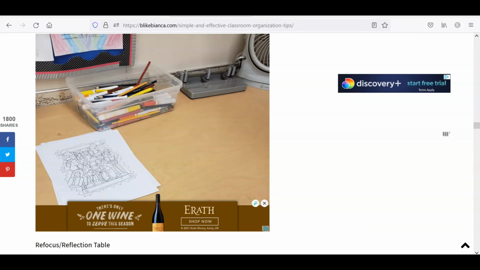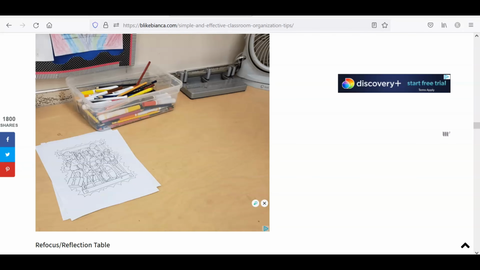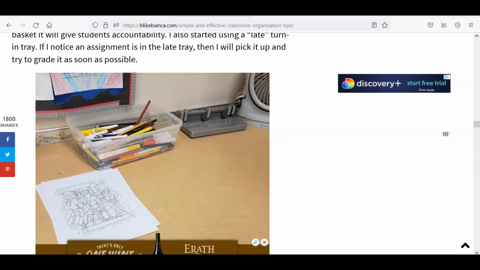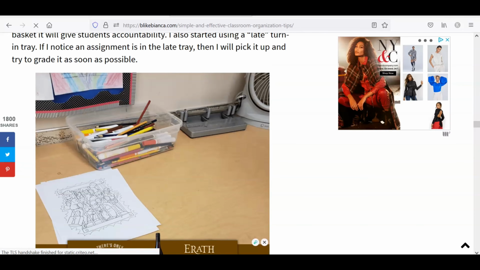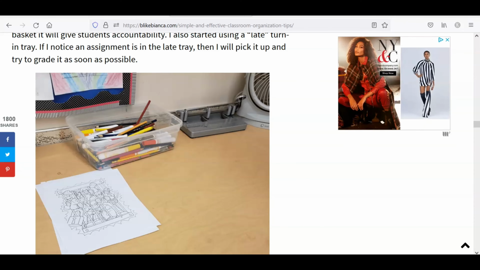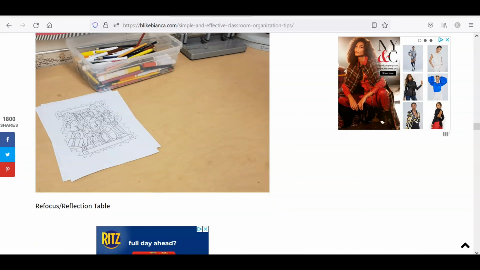It's just that area where they might need to refocus. So they might be having trouble with one of their peers in the classroom. They might just be upset about something that could have happened previously before they even got into my classroom. Whatever the case is, it's just a place where they can come and reset.